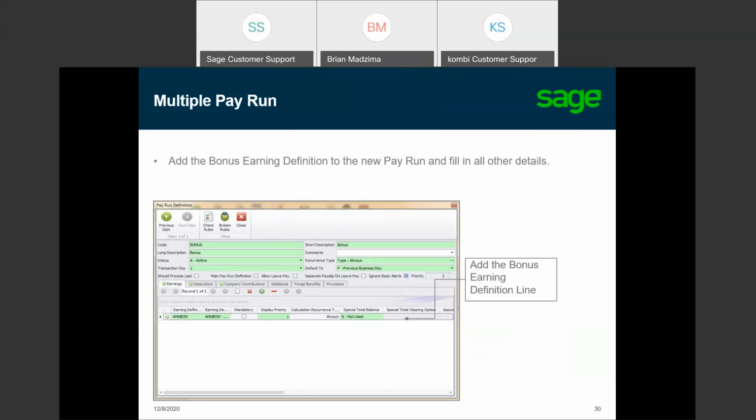So as we've discussed, you'll add the bonus earning definition to the new payrun and fill in all other details that are required. Tax, UIF, and SDL definition lines will be linked by default to each new additional payrun that you define on the system.